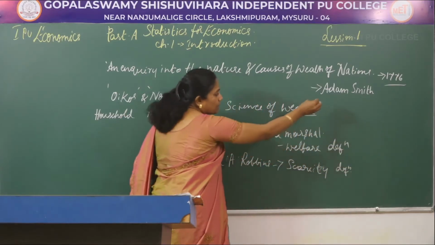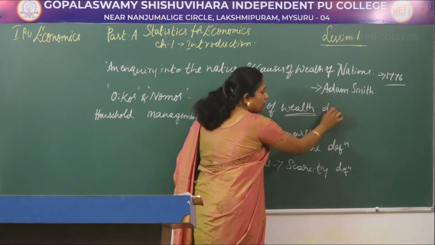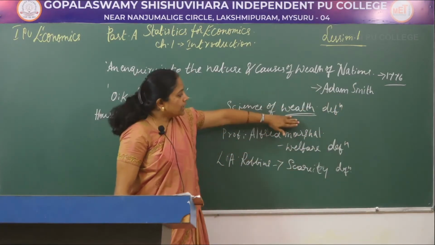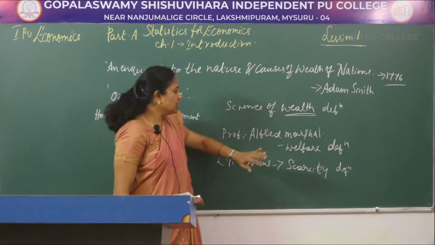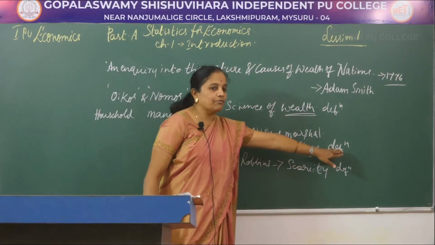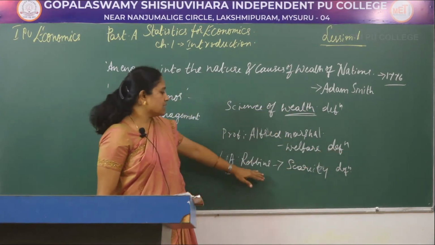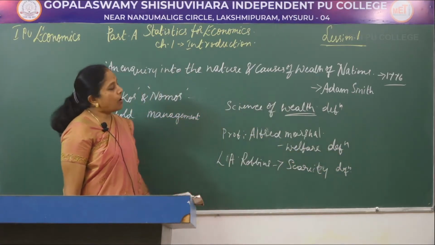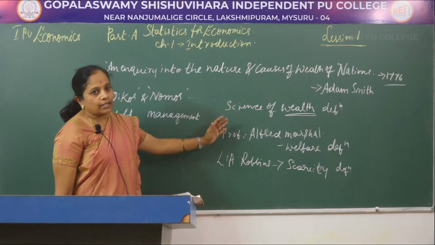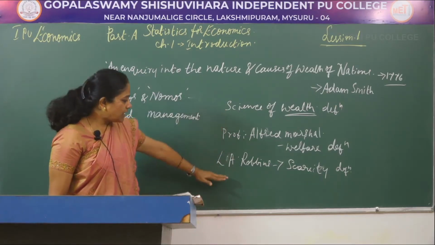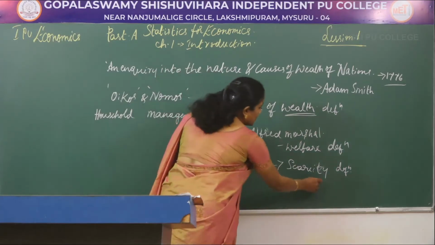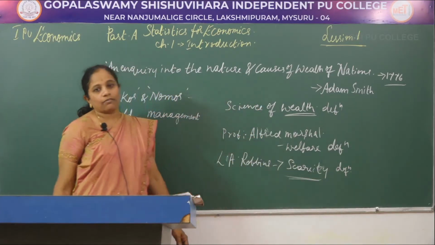So, Adam Smith gave the wealth definition, Alfred Marshall gave the welfare definition, and Professor Lionel Robbins gave the scarcity definition. All three are good and adaptable, but in the present situation, the scarcity definition is very popular and is now being observed everywhere.